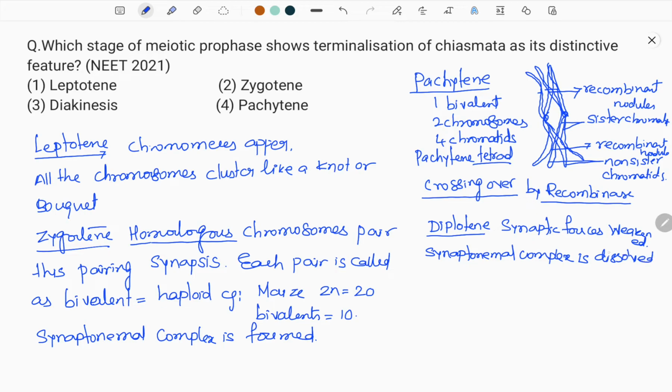Another most important feature of diplotene is that it lasts for months and years in the oocytes of some vertebrates.